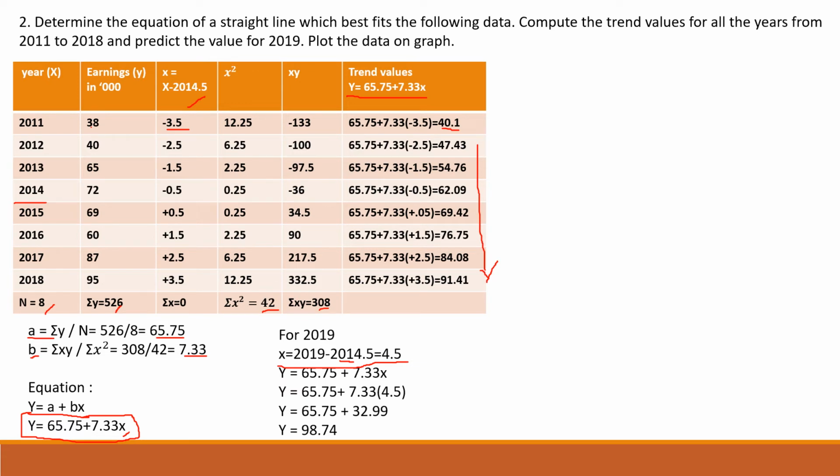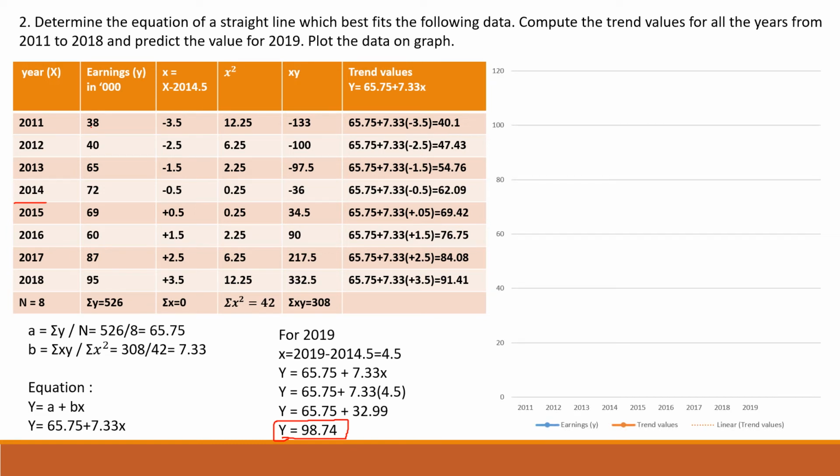So by that, x equals 4.5. So we substitute the value of x equals 4.5. By that, we are going to get the value of y equals 98.74. So the predicted value by using the equation is 98.74.